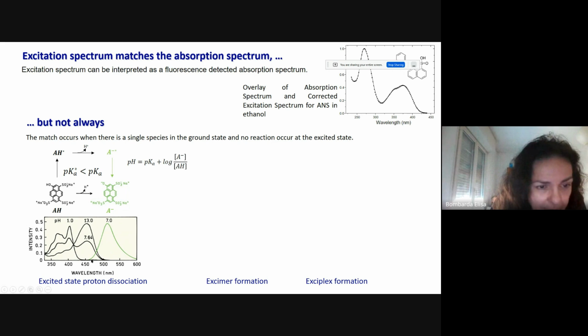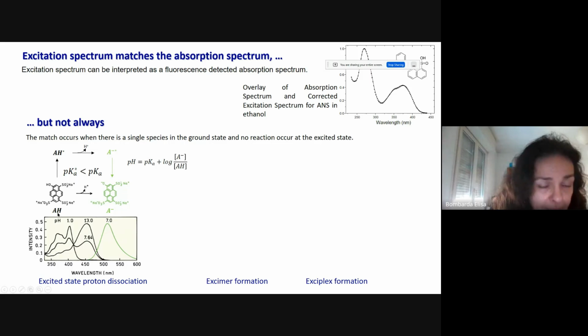If we are at acidic pH, pH 1 for example, fluorescence is occurring from the deprotonated molecule. That is the fluorescence part, and that is the spectrum that we have in green.